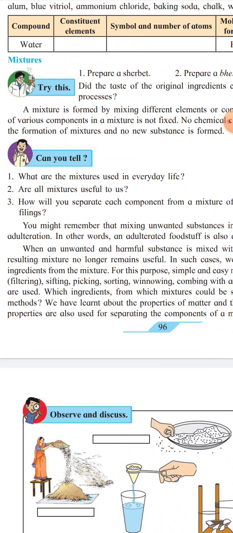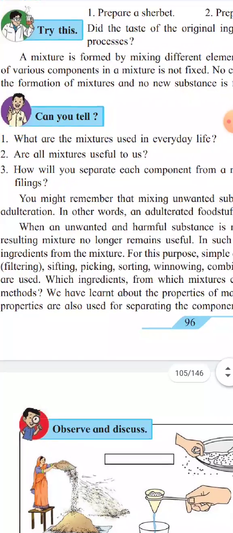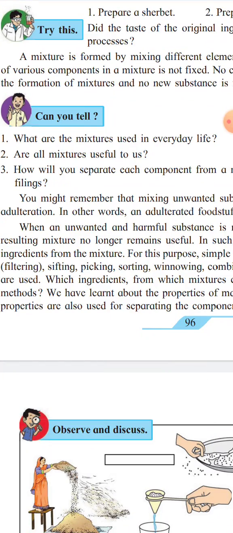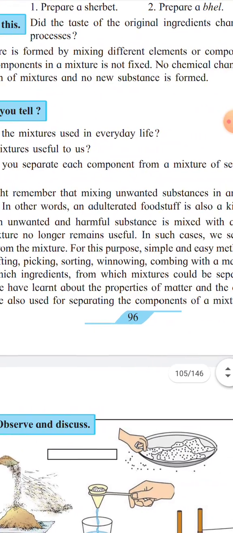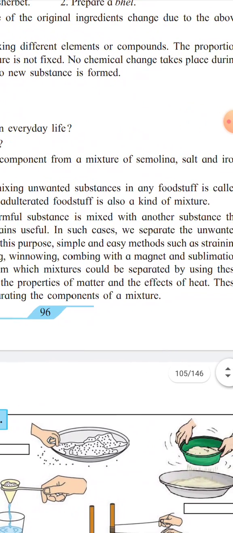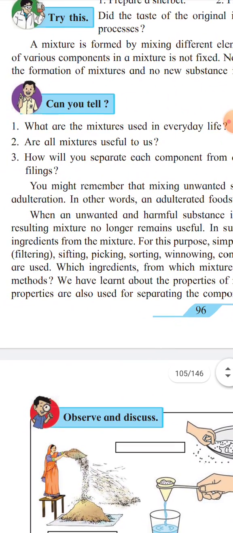For example, simple and easy methods such as straining, filtering, sieving, picking, sorting, winnowing, using a magnet and sublimation are used.